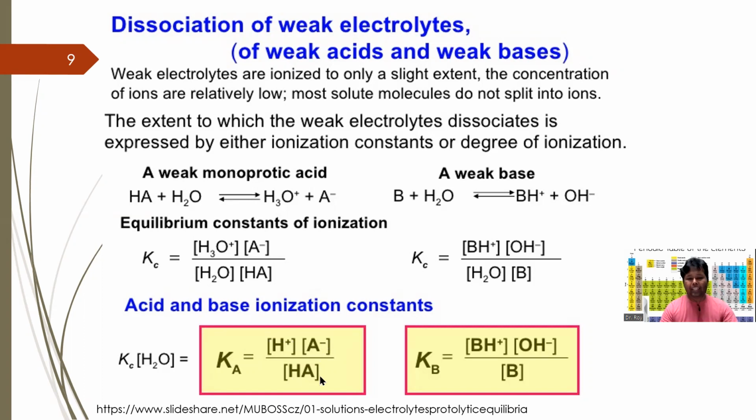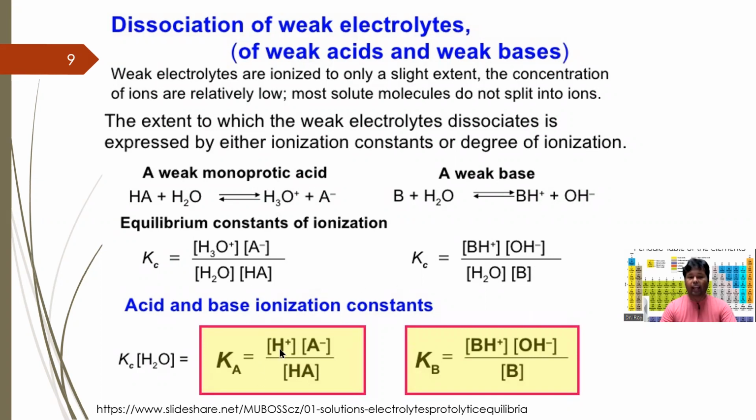And this one is the concentration of our pure acid, that is, the undissociated acid molecules which are not ionized. That means the concentration of the undissociated acid is very high. Therefore, the concentrations of these two are very small, and this has a very large value. Therefore, ultimately we have this ratio as a very small number.